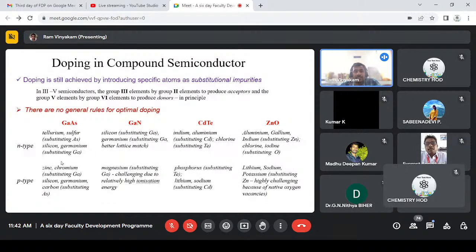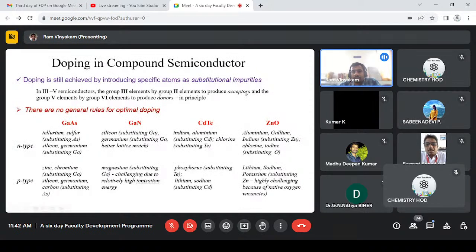In the case of gallium arsenide, for example, it depends on the temperature too. If you move on to gallium nitride or any III-nitride, gallium nitride, indium nitride, aluminum nitride, you can take mostly silicon for substituting gallium, and germanium for substituting gallium will be a better match for N-type.